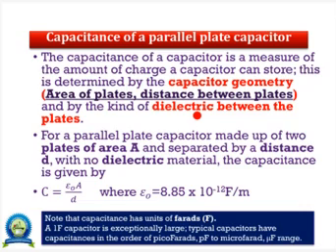And A, as mentioned earlier, is the area of the plates that makes up the geometry of the capacitor. And D is the distance between the plates, which is also part of the geometry of the capacitor.